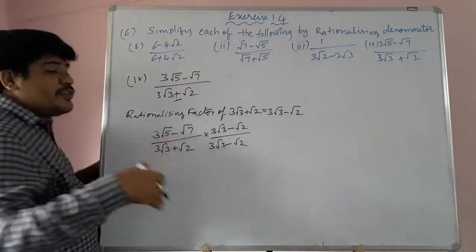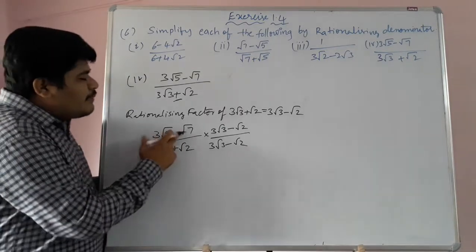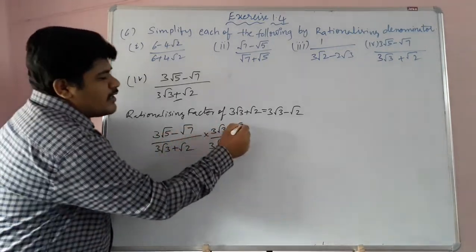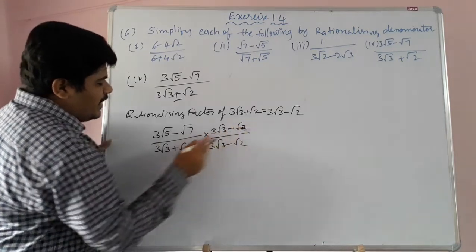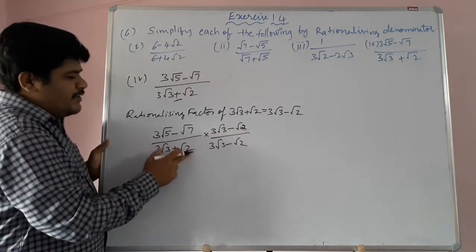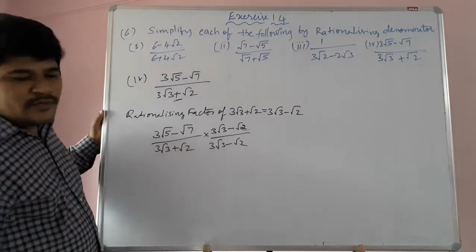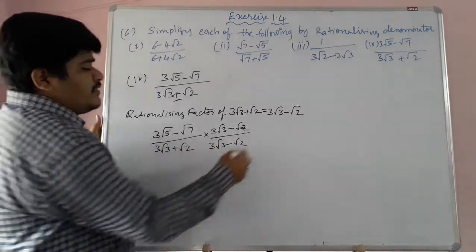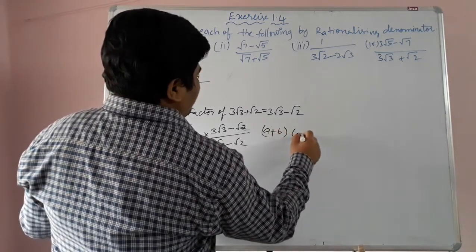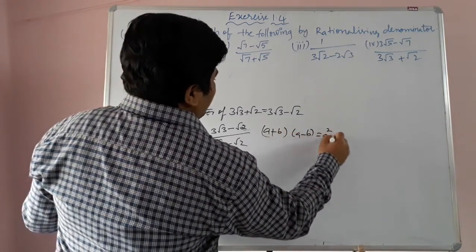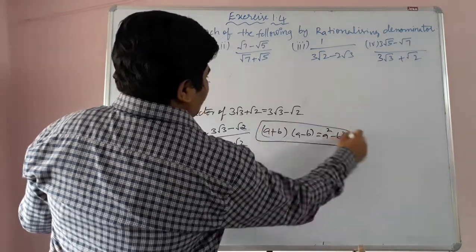It is in the form of a minus b into c minus d. If you see the denominator, it is in the form of a plus b into a minus b. So how to simplify it? Here we are using the formula: a plus b into a minus b is equal to a square minus b square.